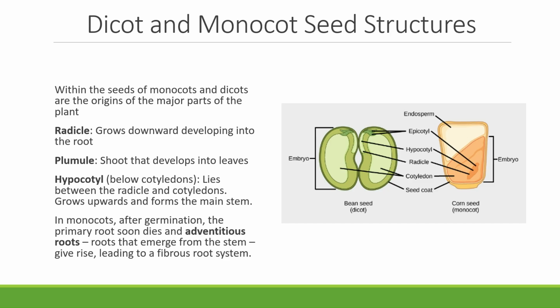And because they grow straight from the stem, they grow several roots out instead of a major root. And that becomes a fibrous root system. The diagram on this slide shows the internal organization of both types of seeds, so please review it to see exactly how these embryonic regions are positioned relative to one another and how they will contribute to the mature plant body.